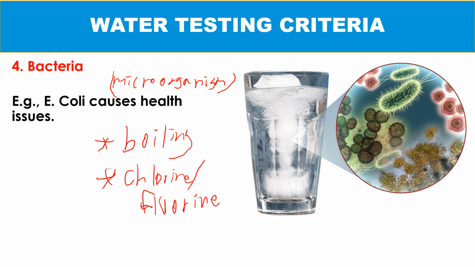The way that we test this, we have to use a microscope, but boiling, chlorine, fluorine, these chemicals generally kill it. Obviously, you don't want to put a lot of amount in there. It's a very small ppm, ppb level.